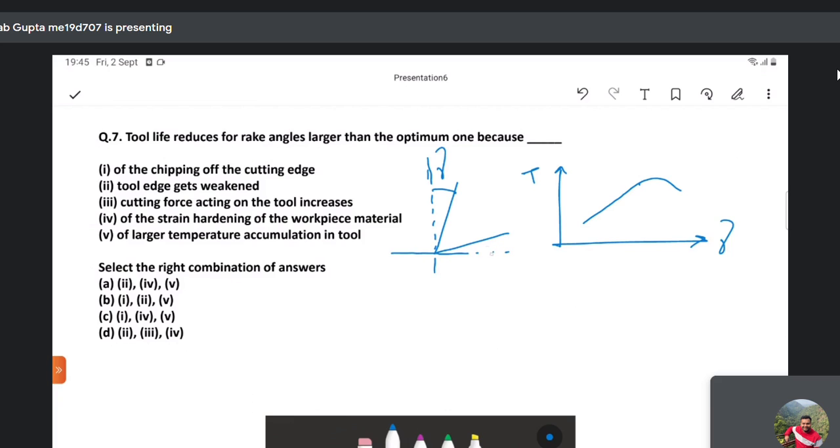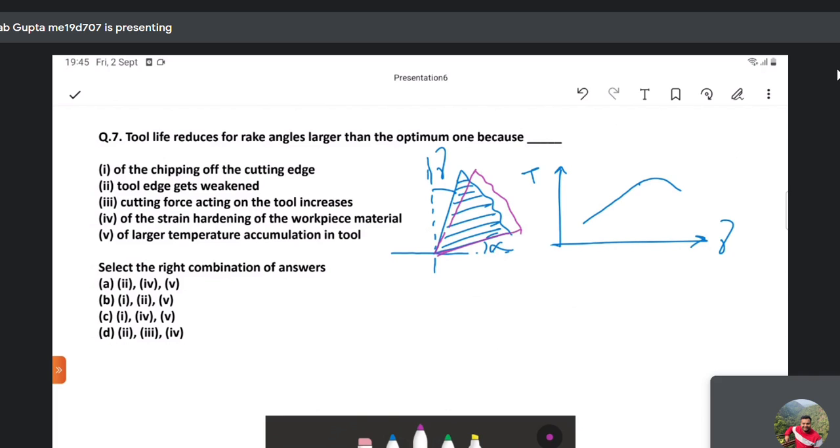So this is my gamma, this is my alpha clearance angle, and this is my tool section. As we increase the rake angle initially, what happens? We are actually reducing the shear area by lessening the shear length.